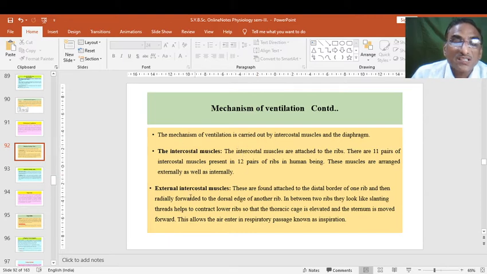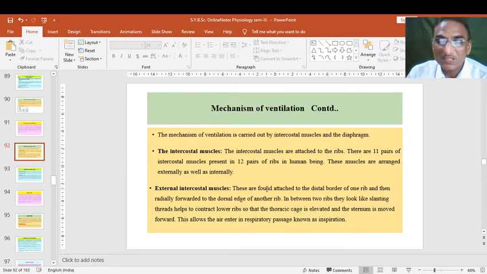So external intercostal muscles are found attached to the distal border of one rib and then radially forwarded to the dorsal edge of another rib. In short, we can say they are attached to the ribs in a cross way.